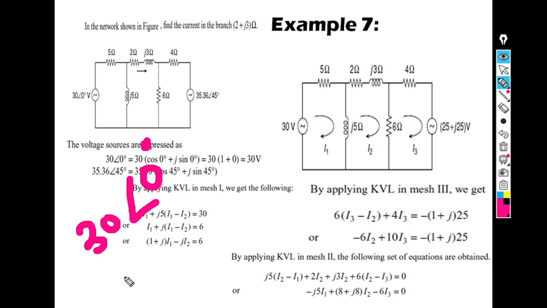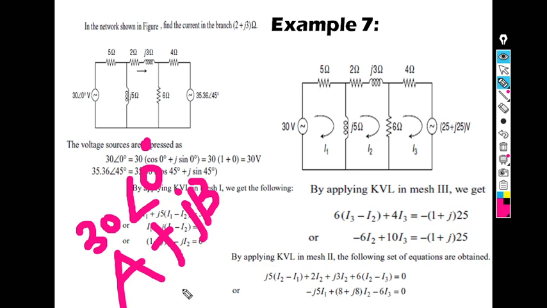Now A plus JB is already known to you because you have already written A plus iB, 5 plus i5. So how can you represent it in polar form? You can find out the magnitude and the angle.